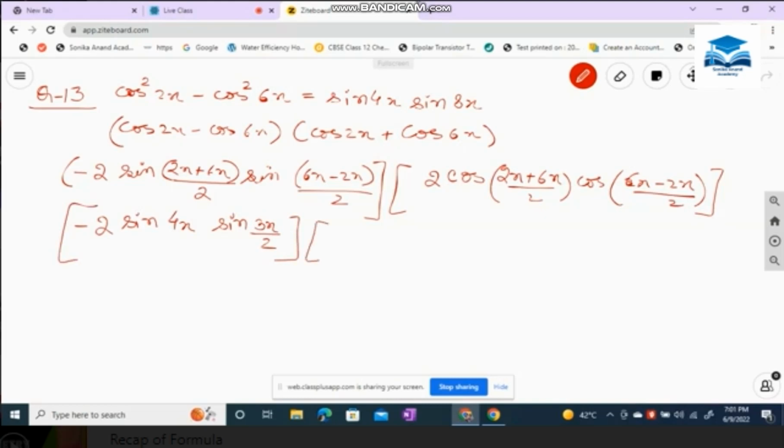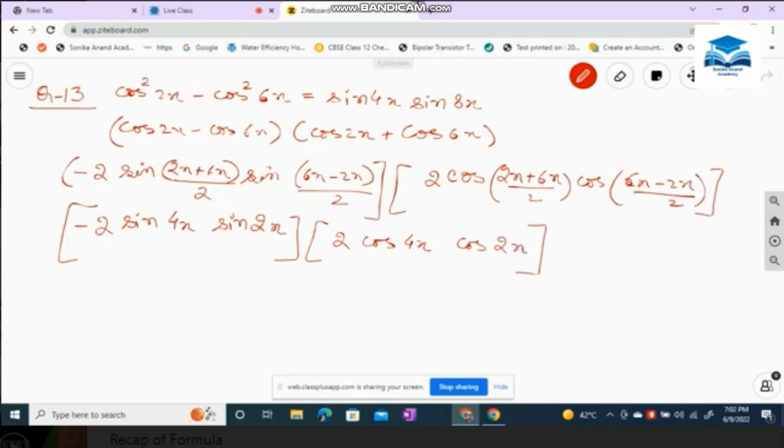Here we have 2 cos 4x and cos (6 minus 2, 4) by 2, that is 2x. Four x by 2, that means 2x. And here also we get cos 2x.